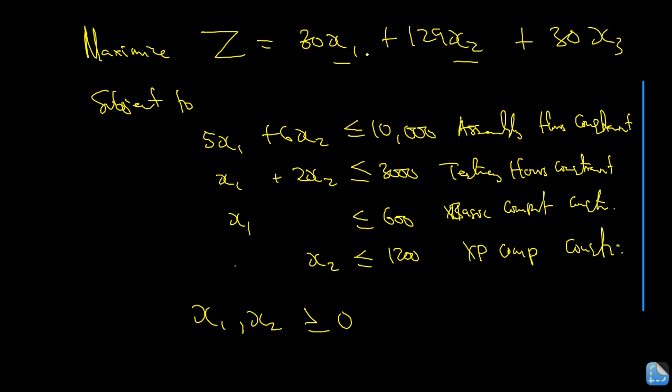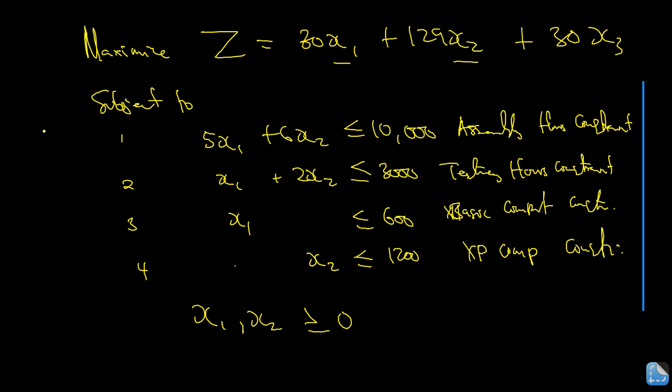Now, for our constraints, we have 5x1 plus 6x2, and we have 1, 2, 3, 4. So we have 4 constraints. Just count them in advance. So what do you expect?